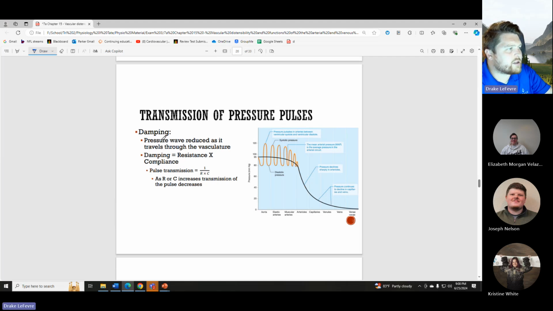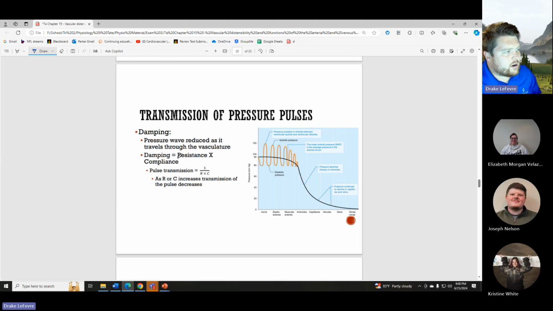Damping: the pressure wave reduces as it travels through the vasculature. Just like anything that's moving, especially through a pipe or this little tunnel that is a blood vessel, it takes energy. That energy gets dispersed from different forces, like the blood rubbing against the sides of the vessel.